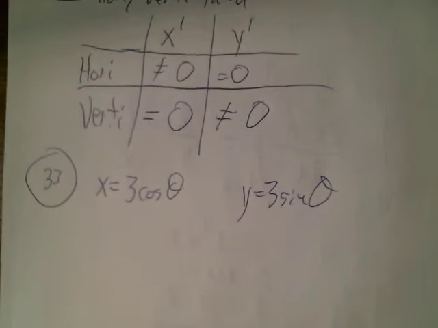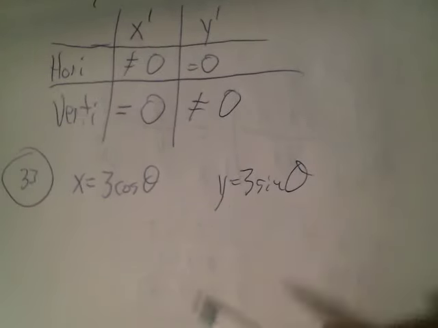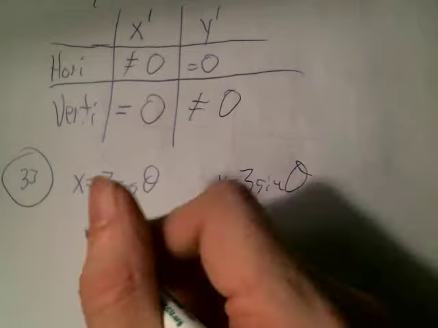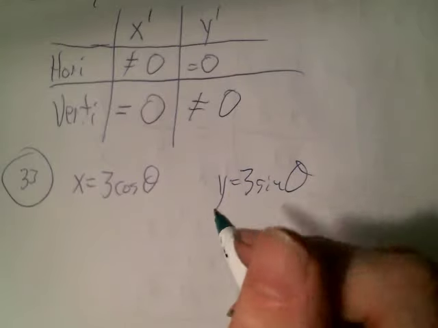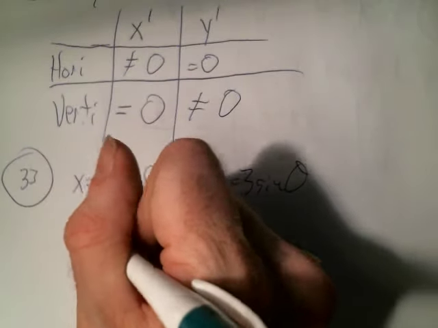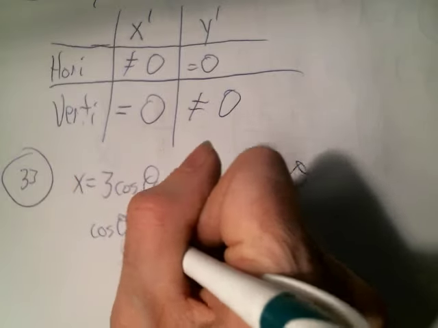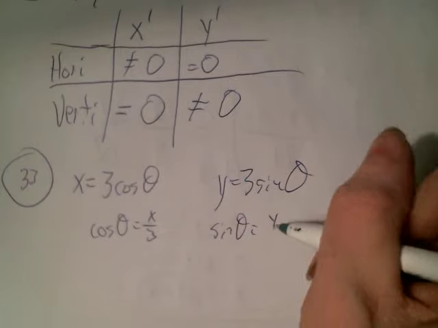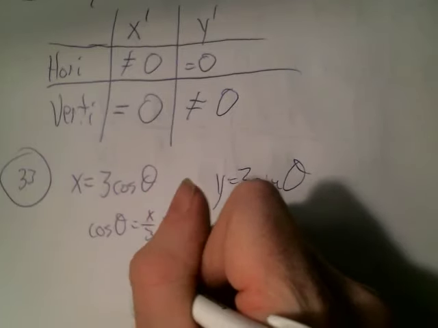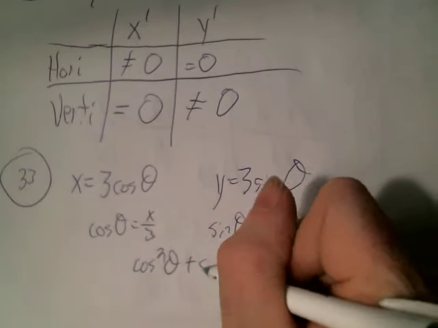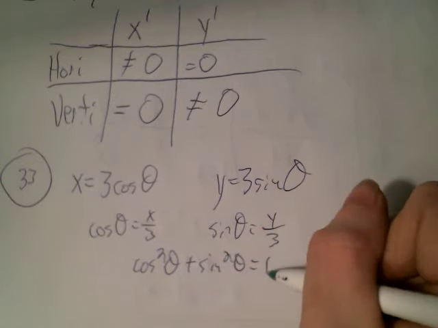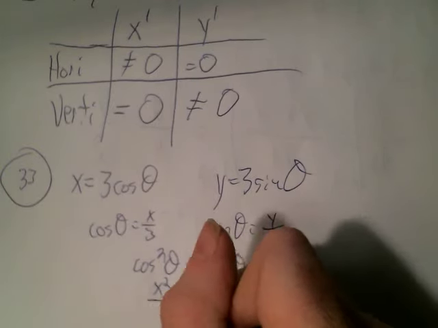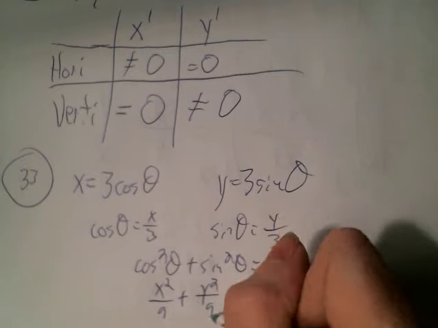This problem is especially nice because we know that this is just going to be a circle. If you eliminate the parameter using Pythagorean formulas, you'll note that cosine theta is x over 3, sine theta is y over 3, and therefore cosine squared theta plus sine squared theta equals 1 gives x squared over 9 plus y squared over 9 equals 1.